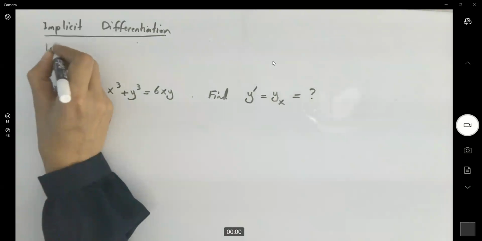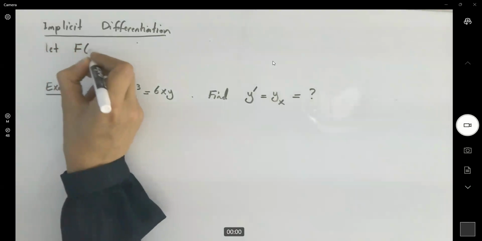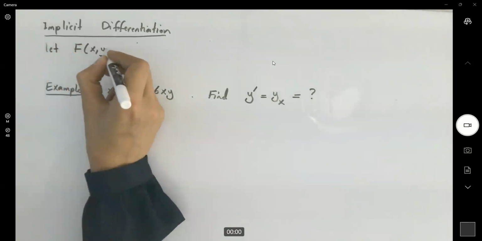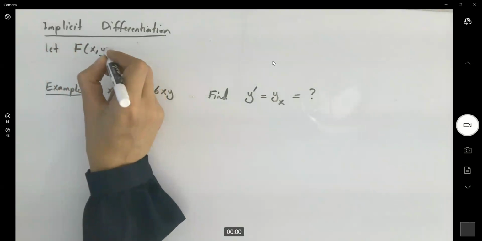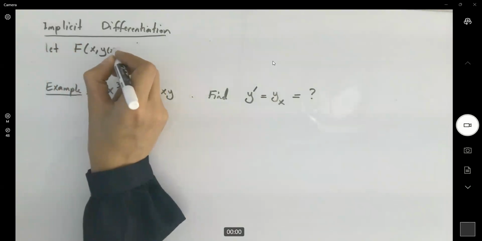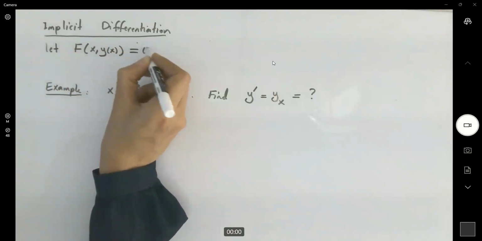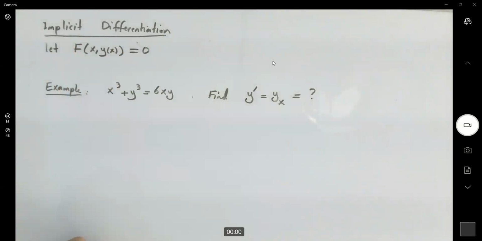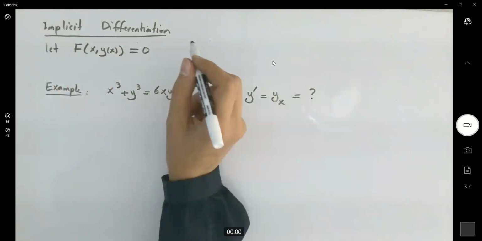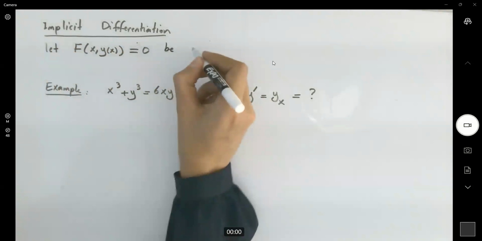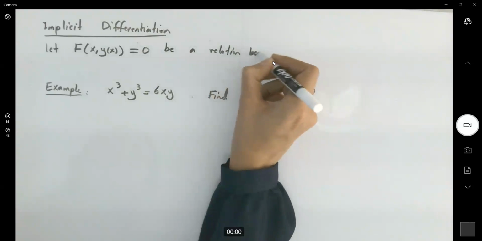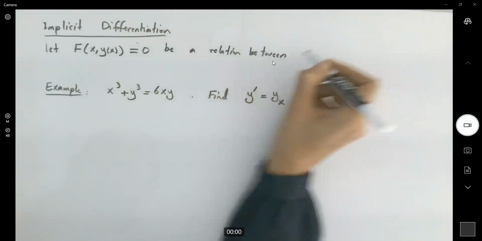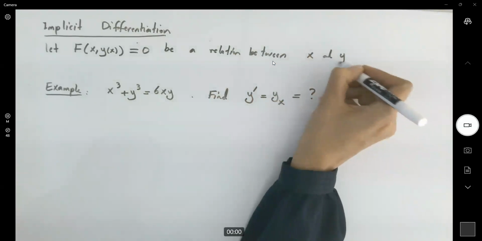Let f of x and y, where y is also a function of x, so we write it as y of x, equal to 0, be a relation between x and y.